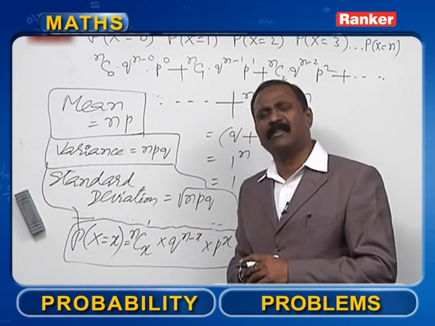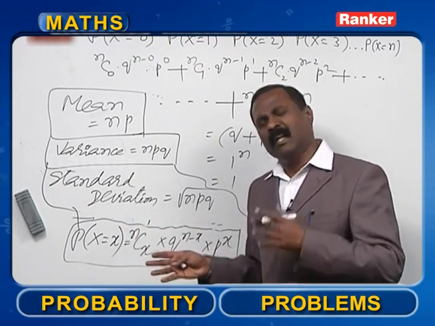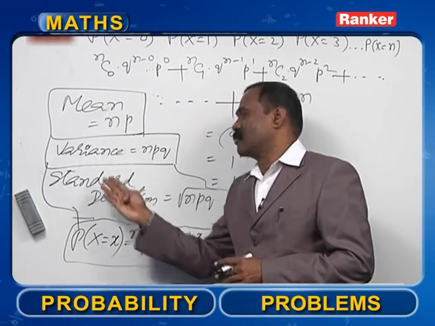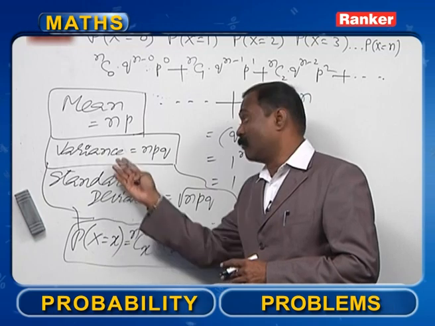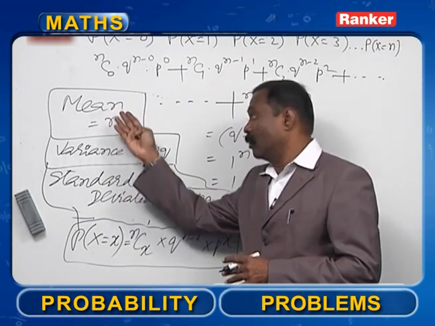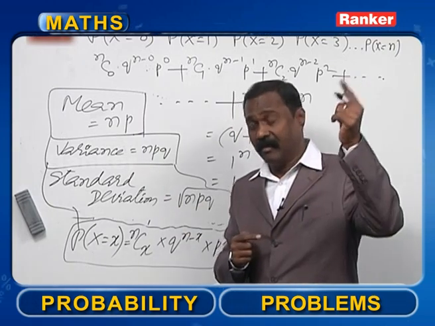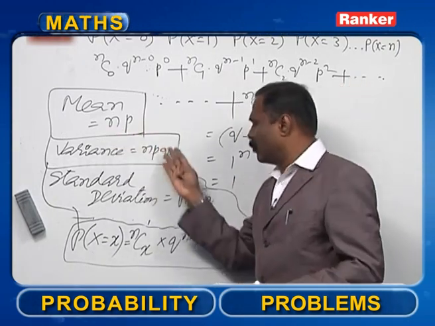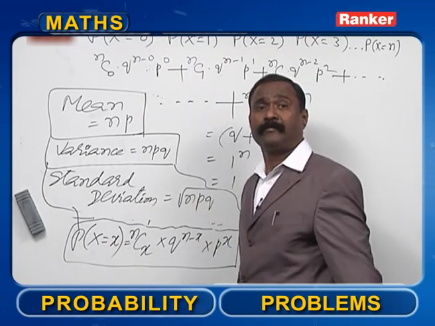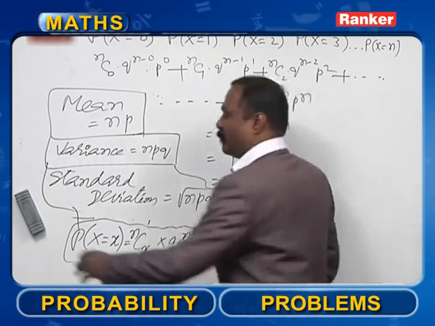So whenever you want to find standard deviation in any distribution, then you have to find all this. If standard deviation is asked, then you must know variance. To find variance, you must know mean. Not in this case, but in the previous case. But in this case, if you know npq, then you can find all these terms. So this is nothing but the binomial distribution.